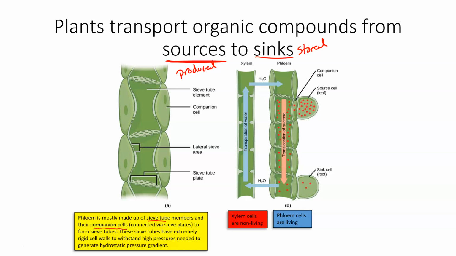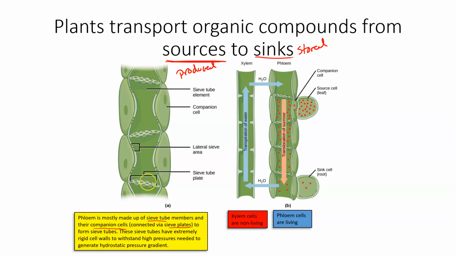And these companion cells are exactly what they sound like. Companion cells are the companion to these phloem sieve tube elements, and they are kind of life support for the cells that make up the tube itself. They are connected via a sieve plate, which you can see right here. This is the sieve plate, otherwise known as the sieve tube plate, and they're extremely rigid.